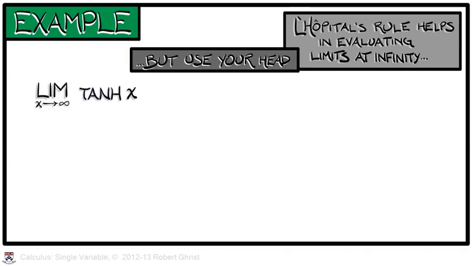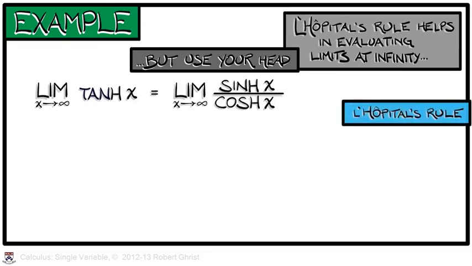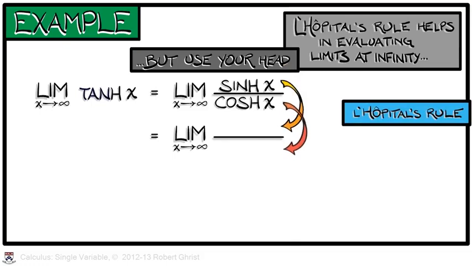Consider the limit, as x goes to infinity, of the hyperbolic tangent of x. That is, by definition, the limit of the hyperbolic sine over the hyperbolic cosine. Let's apply L'Hopital's rule. Well, this is easy. What's the derivative of sinh? It's cosh. What's the derivative of cosh? It's sinh.